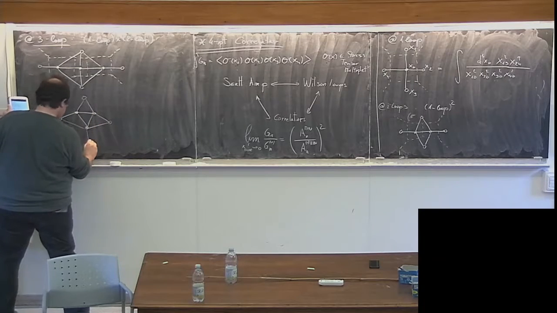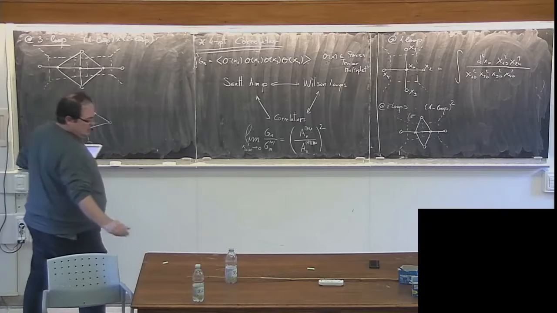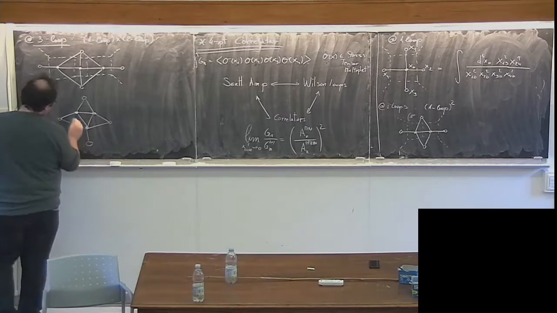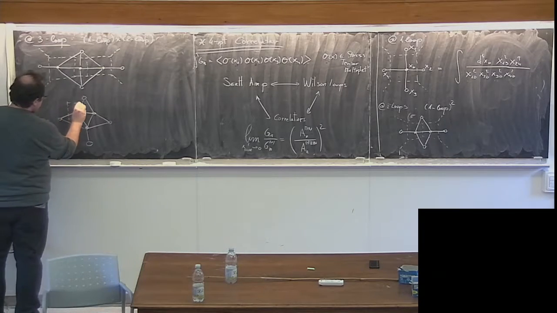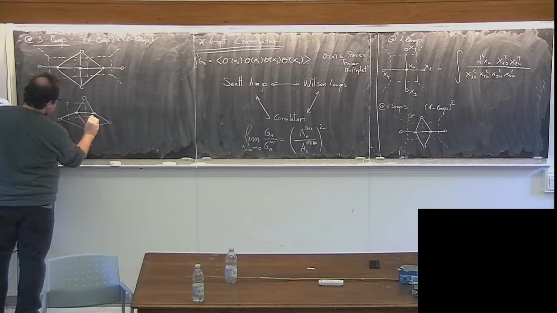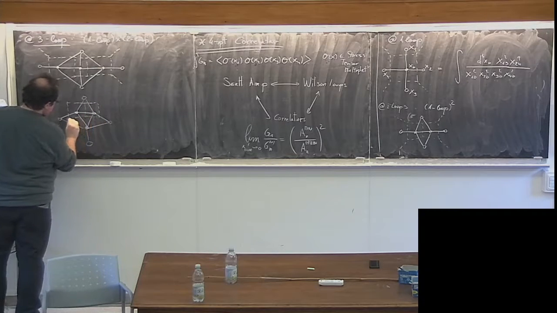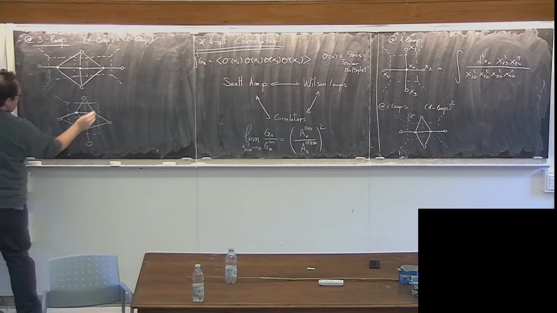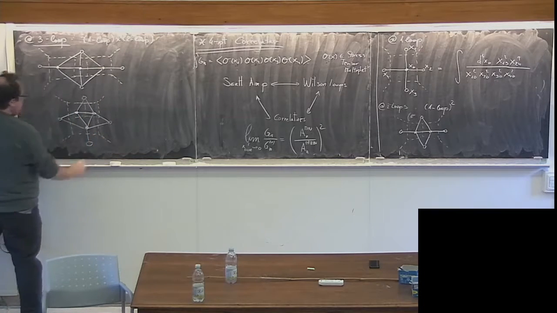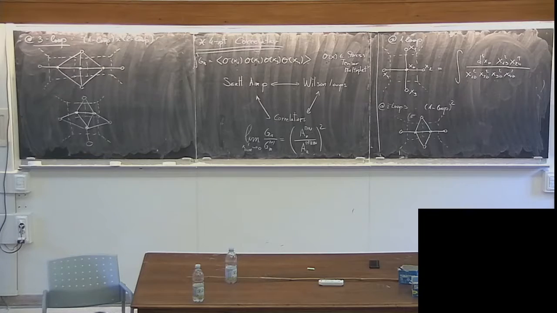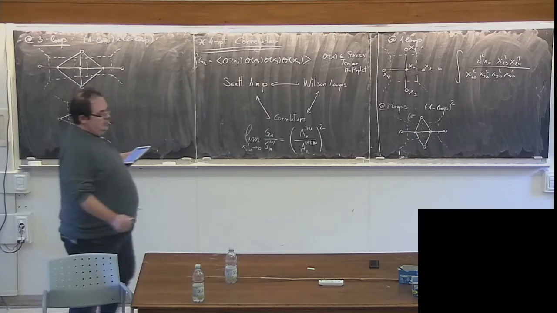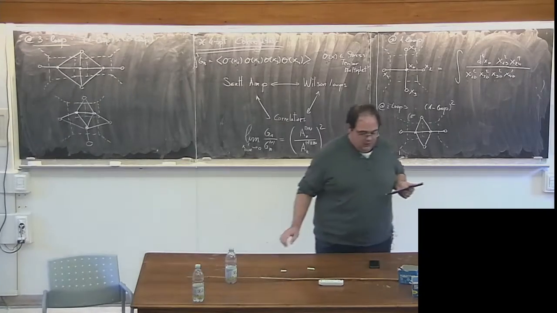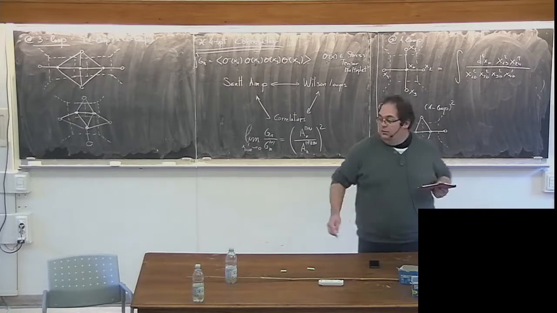So, indeed, when you go to the dual graph, you get a tennis court diagram. Okay, these are the graphs that we had in the 2-loop 4-point amplitude. There they are on shell, here they are completely off shell.